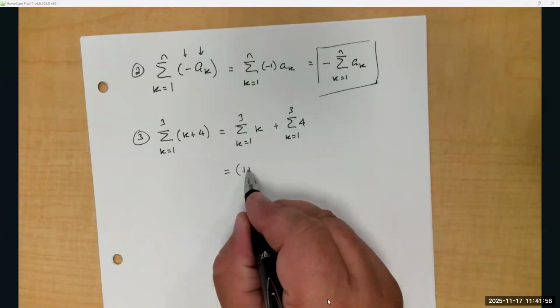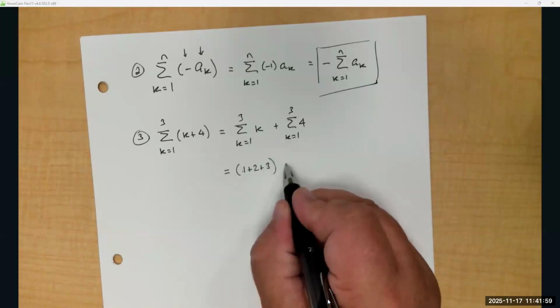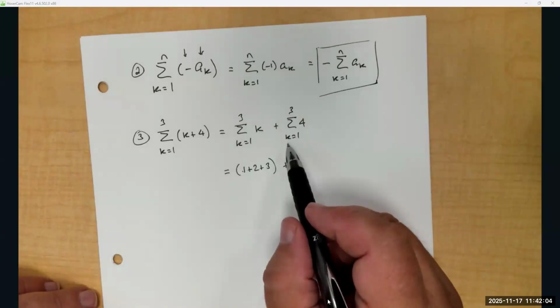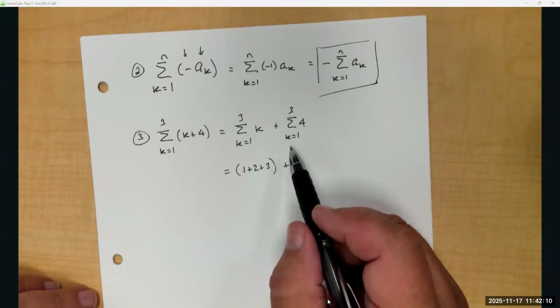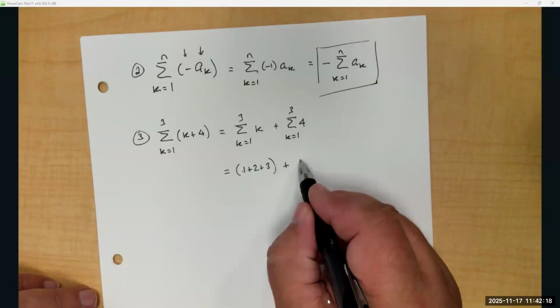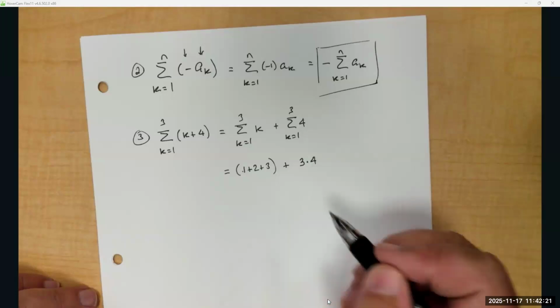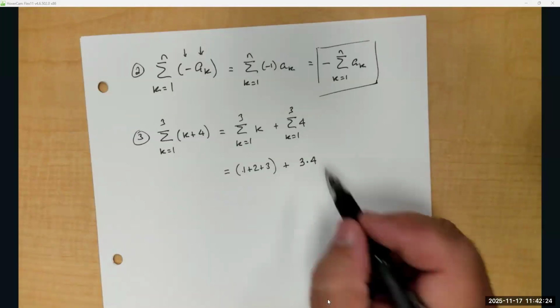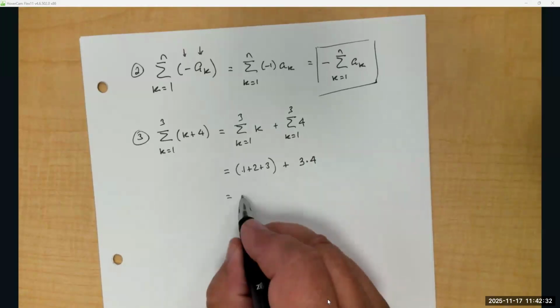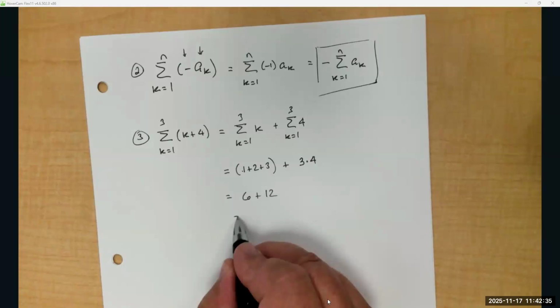So it's 1 plus 2 plus 3. And what do we do with the second one? Using the properties, it's the constant, so it's the constant times the number of iterations, n. So it's 3 times 4. So it's 6 plus 12 is 18.